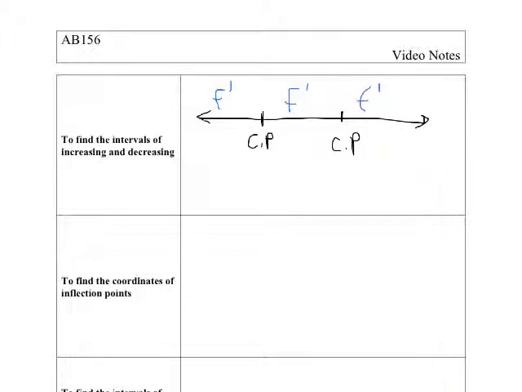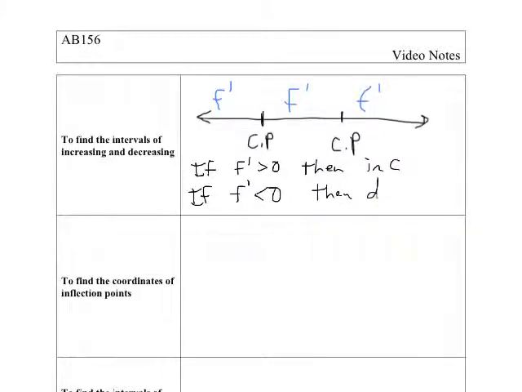This will tell you your intervals of increasing and decreasing. If f prime is greater than 0, then we're increasing, and if f prime is less than 0, then we are decreasing.